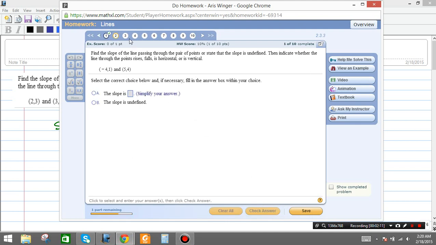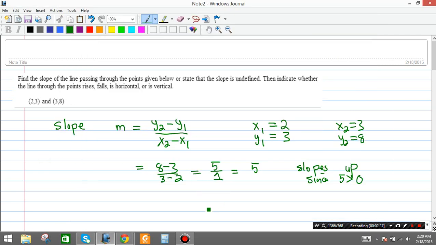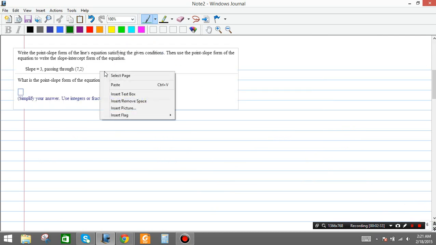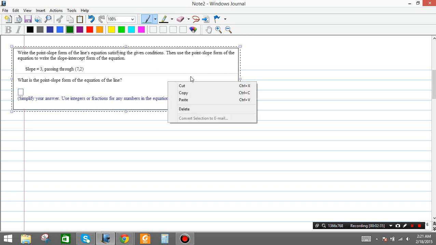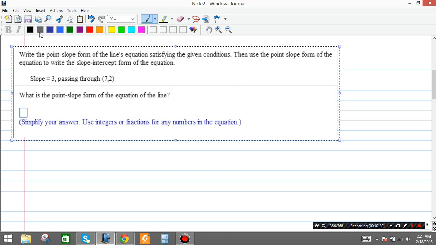Number 2 is similar. 3. So write the point slope form of the line's equation satisfying the given conditions, then use the point slope form of the equation to write the slope intercept form. Okay, so here we'll need some equations.